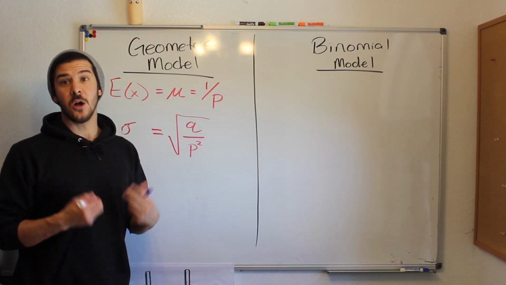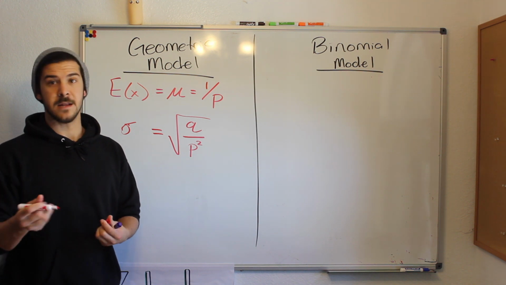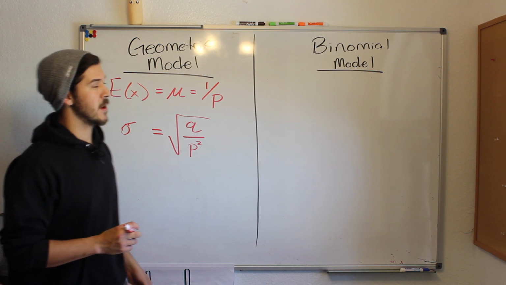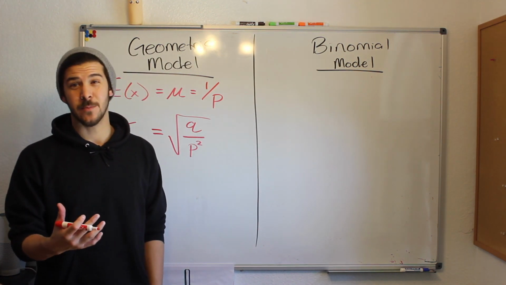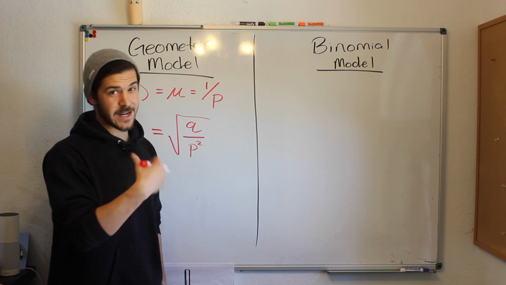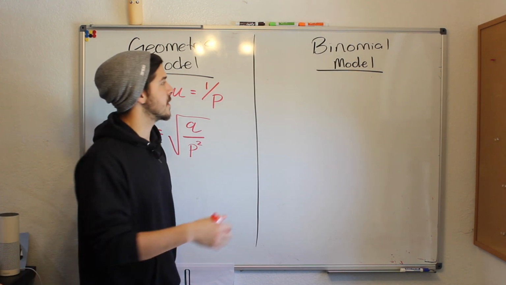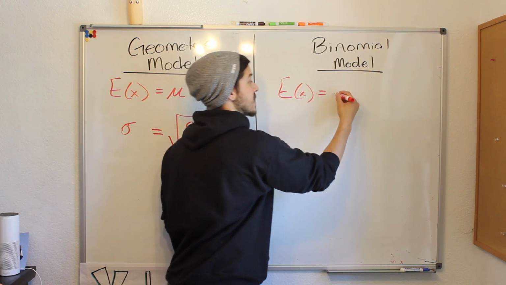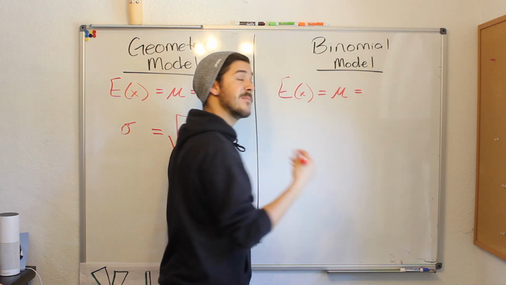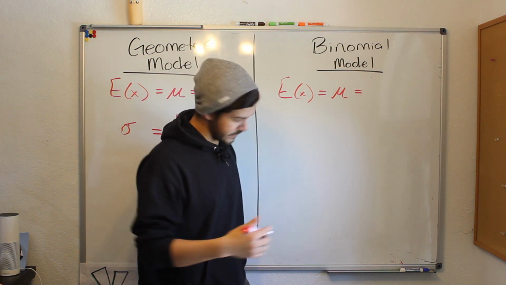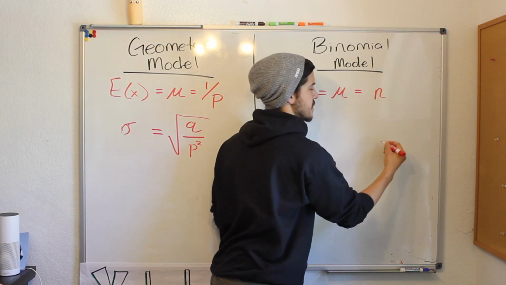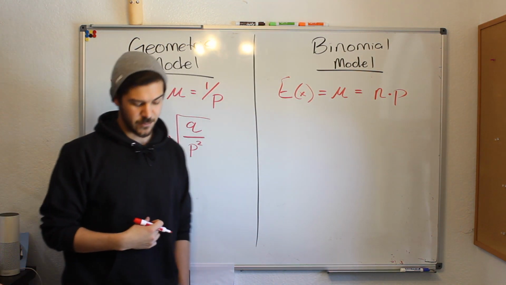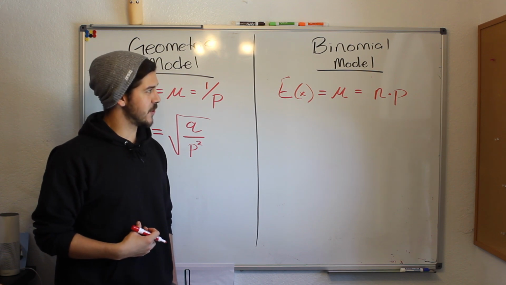The binomial model also uses the expected value, or the mean, and solves the problem in a similar way. Except this time, remember, we need to use N. We need to use the number of trials because we want to know how many times I succeed in a certain amount of trials. In this case, we're still finding E of x, which is still labeled as mu, but this time it's going to be the number of trials multiplied by the probability of success, which is pretty intuitive.